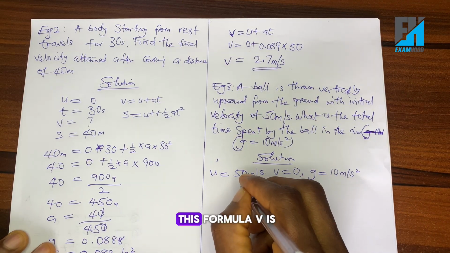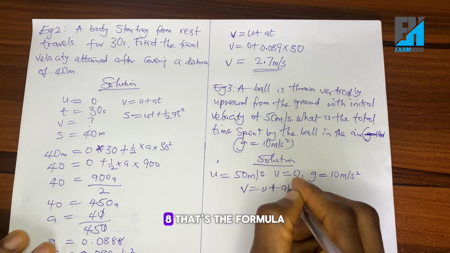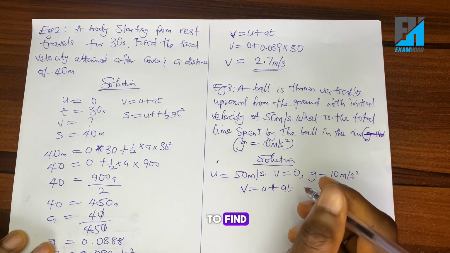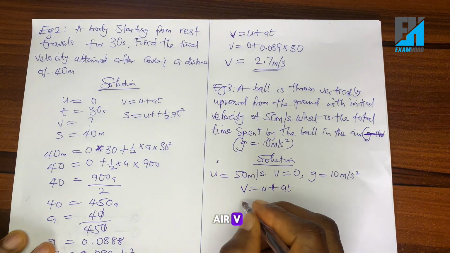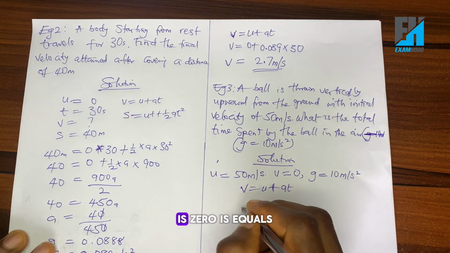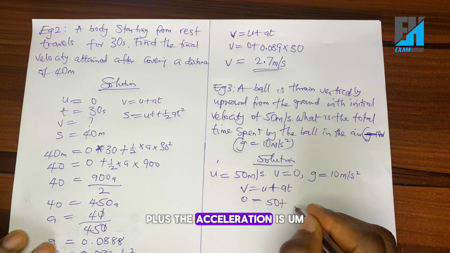So let's see how we can find the total time spent by the ball in the air. We're going to use this formula: v is equal to u plus at. V, our final velocity, is 0, equal to the initial velocity, 50, plus the acceleration.